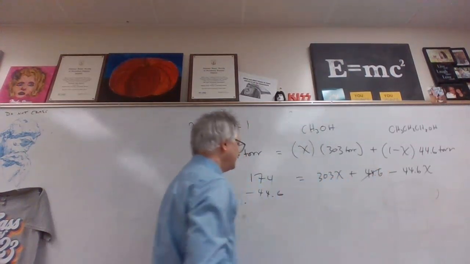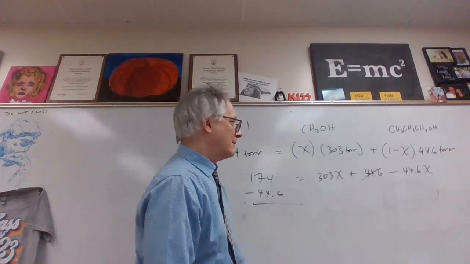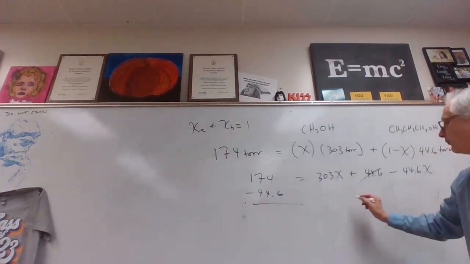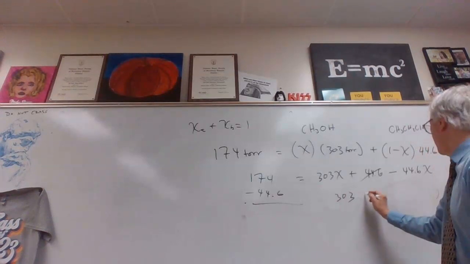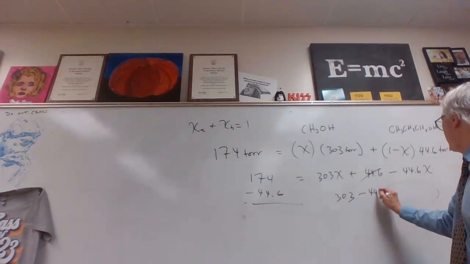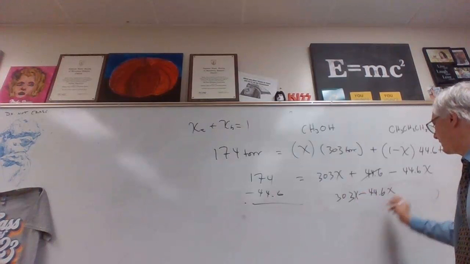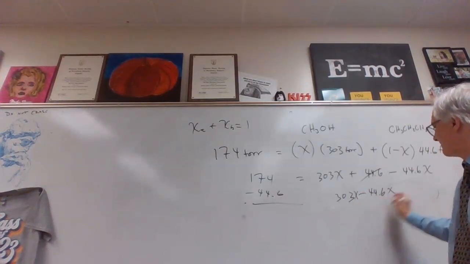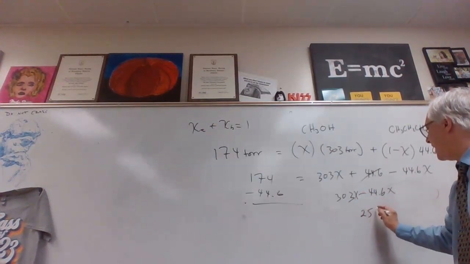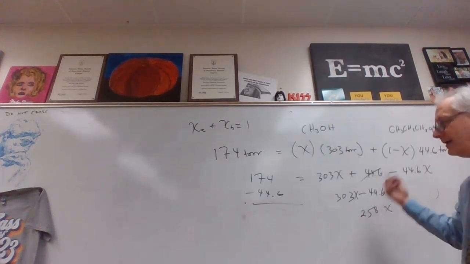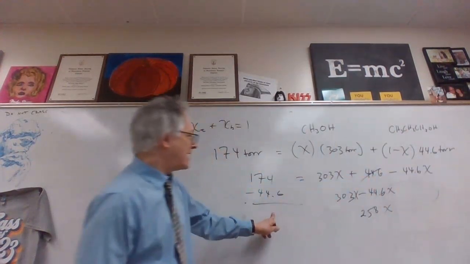That gets rid of that. And what else? So 303 minus 44.6 is the coefficient of chi. What'd you get on this side? 258.4 chi. And what'd you get on this side?